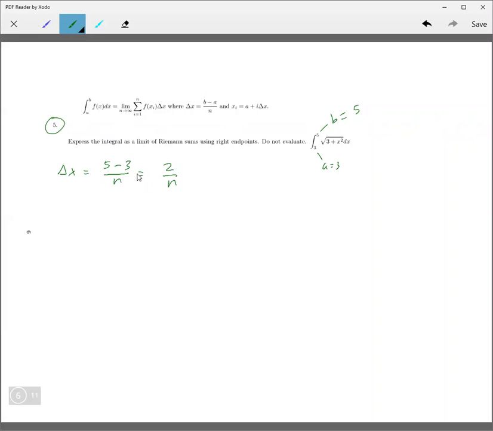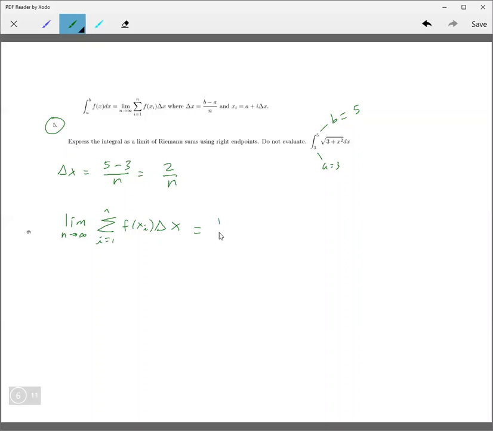Essentially, what they want you to do is write this right here, put it in this form, but do all the substitutions.